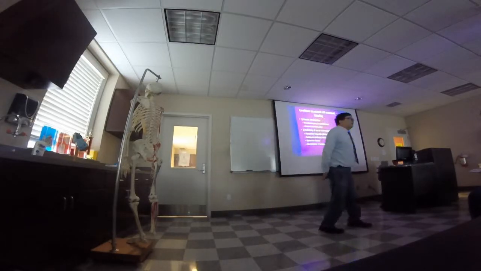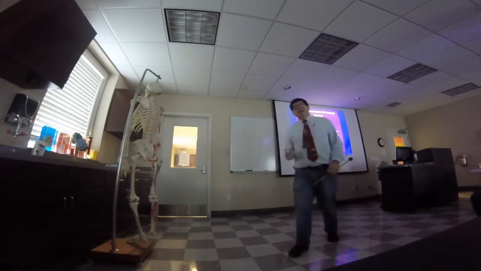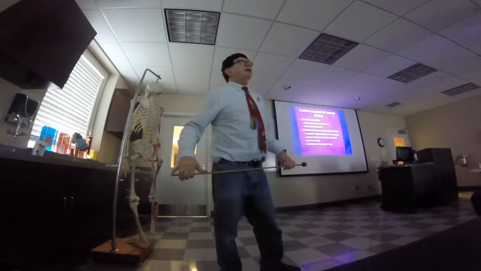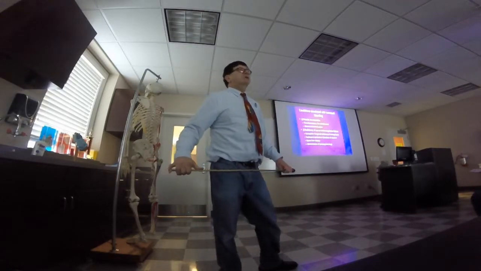For 4 of these clotting factors, 2, 7, 9, and 10, the liver requires vitamin K to synthesize them. So these clotting factors are referred to as the vitamin K dependent factors.